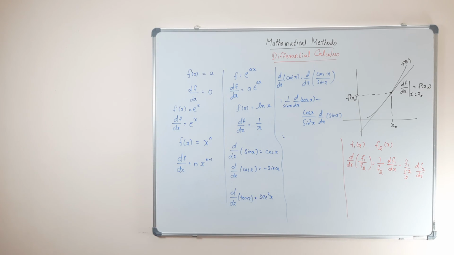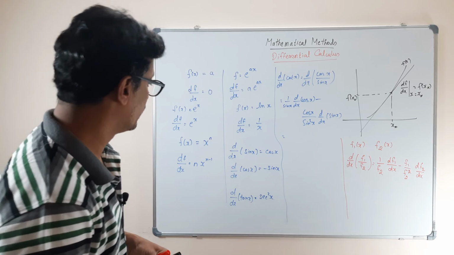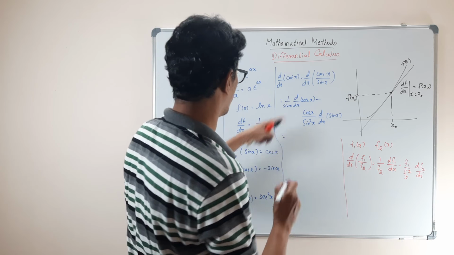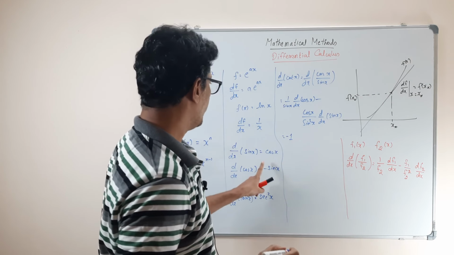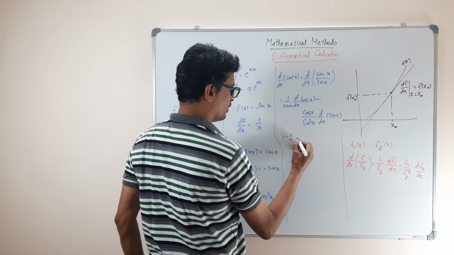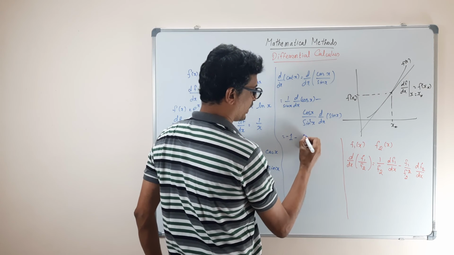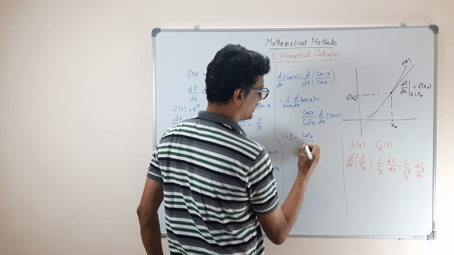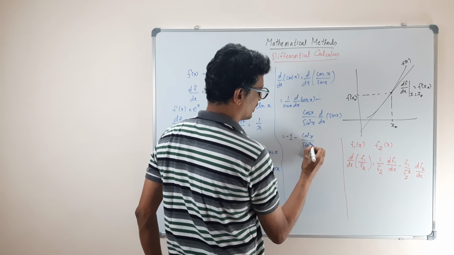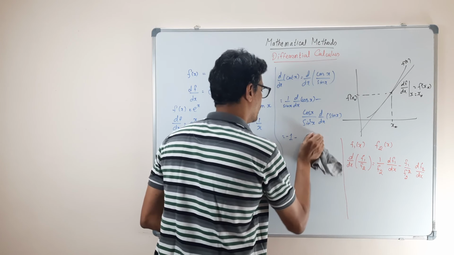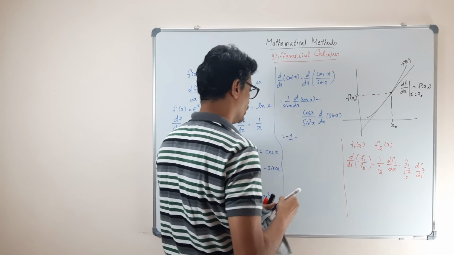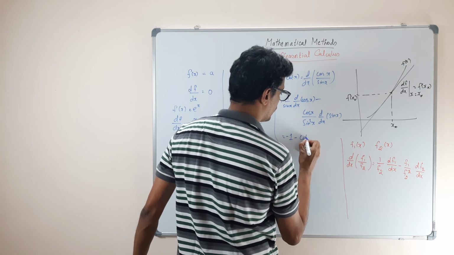So this is minus 1, since d by dx of cos x is minus sin x. Minus sin x times sin x gives minus sin square x, and the cos x term gives minus cos square x. So this will be minus cos square x by sin square x, that's cot square x.